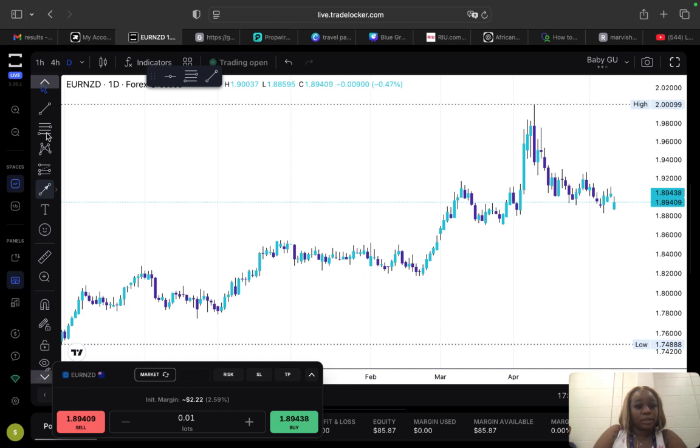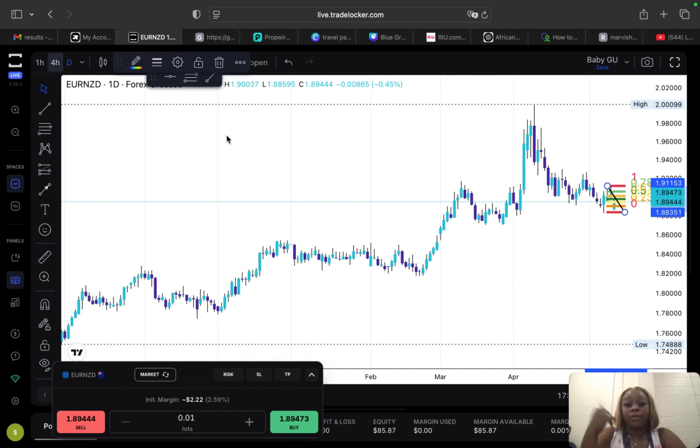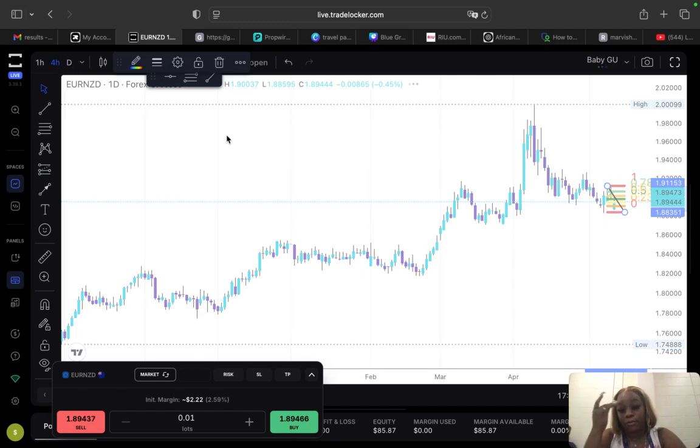All right, so let's see. We are looking at Euro NZD. I see that we got some bulls in play. One thing about me, if I don't see liquidity, I don't force trade. If I see the setup, I'll get in, but if I don't see liquidity, I don't force trade.